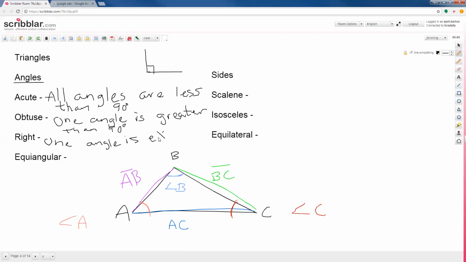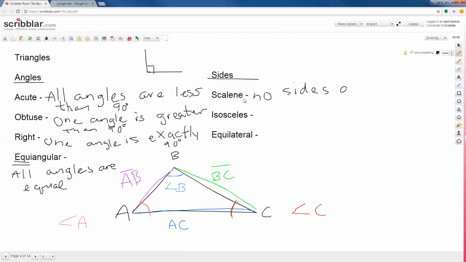And equiangular, that's kind of a big long word, but you can kind of hear the word equal in it. Equiangular means all the angles are the same. Equal. For the sides of a triangle, scalene means no sides are the same, no sides are equal, or congruent.